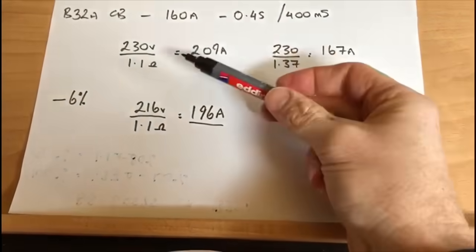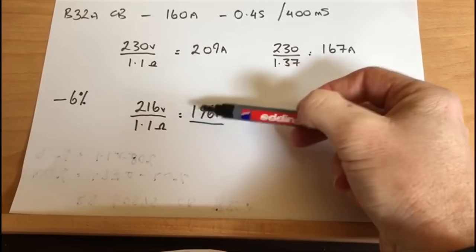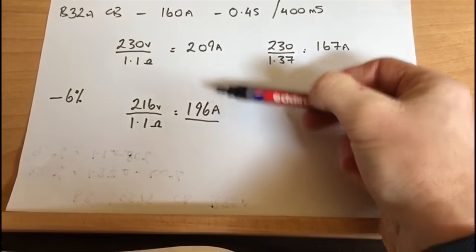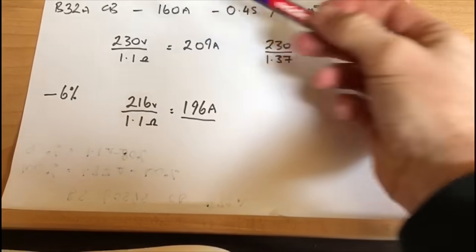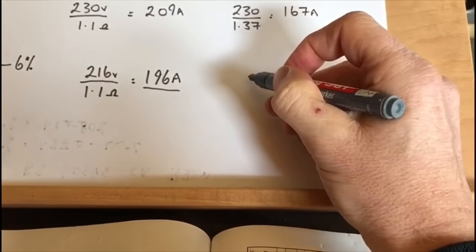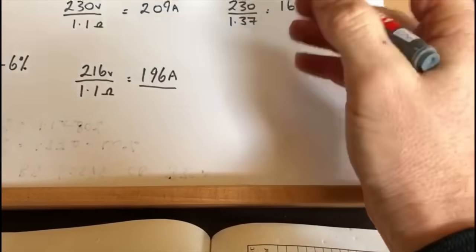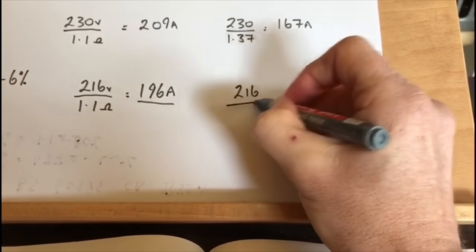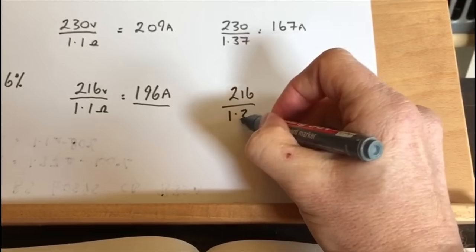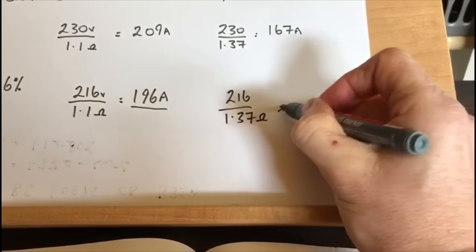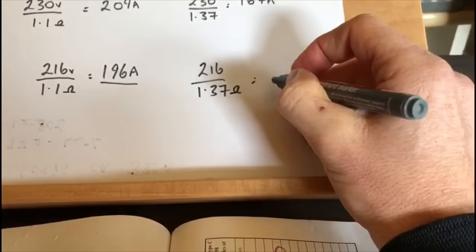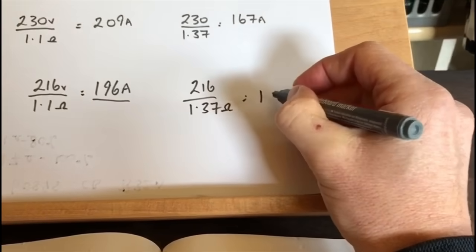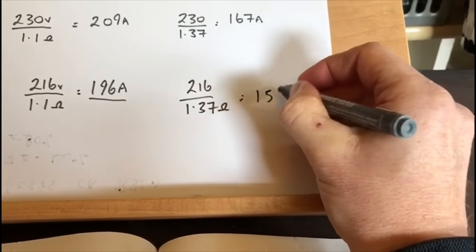Even on the minimum allowed voltage, we'll still achieve the 196 amps, way above the 160. However, if we were to go to the minimum voltage and we're working towards the 100% value, so that's 216, divide that by 1.37 ohms, this time we're just shy of 160, about 158 amps.